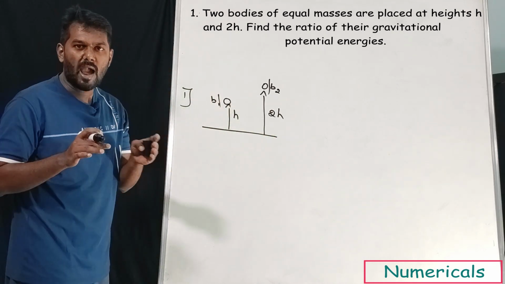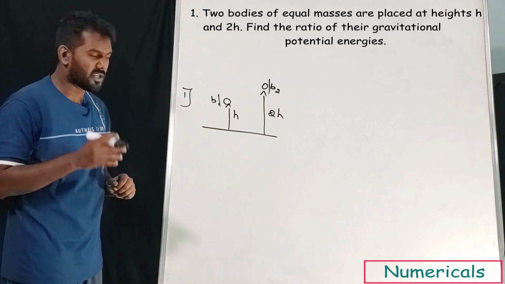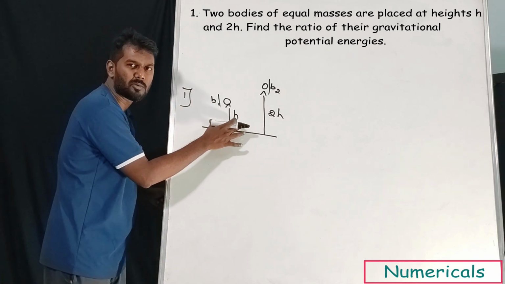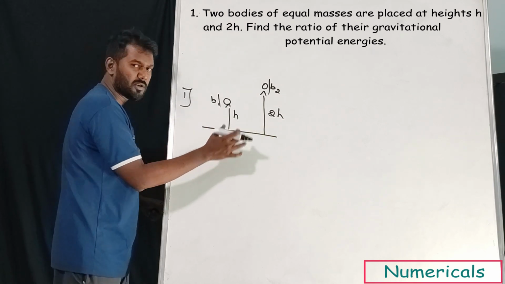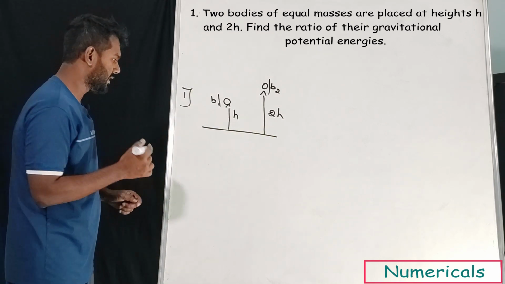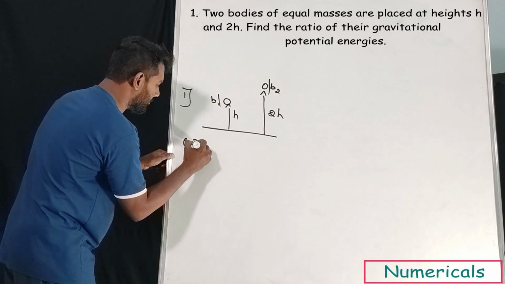Now we have to calculate the ratio between the gravitational potential energy. First we will apply the gravitational potential energy formula to this one, then we'll apply it to this one, then we'll find the ratio easily.